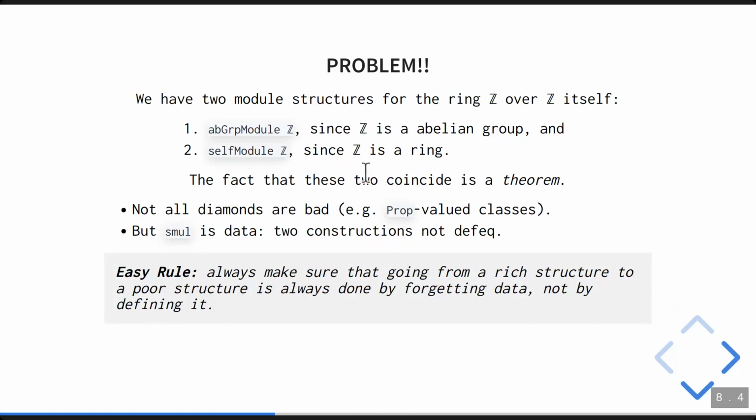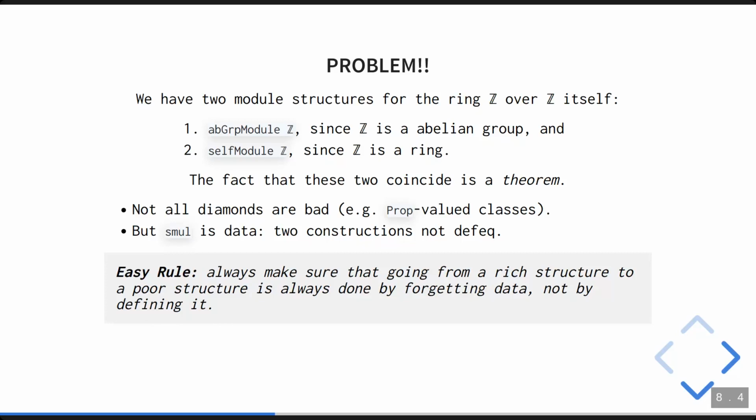So you have 2 ways of constructing a module over Z for Z, and this is called a diamond in Lean, because you can think of it as having ring on one side and module on the other, and then this module at the bottom.